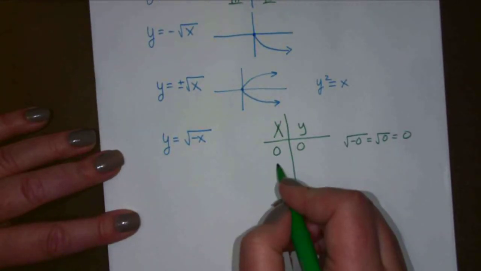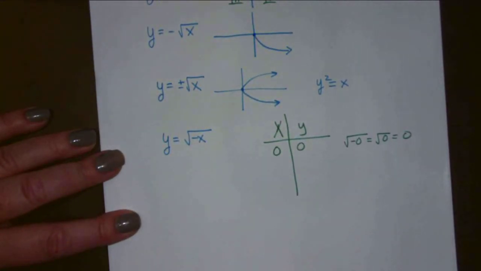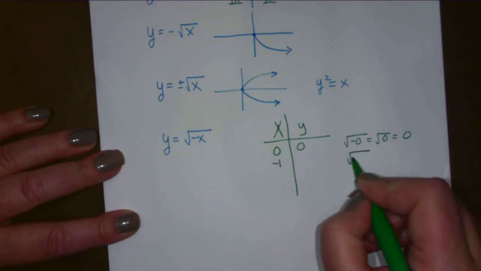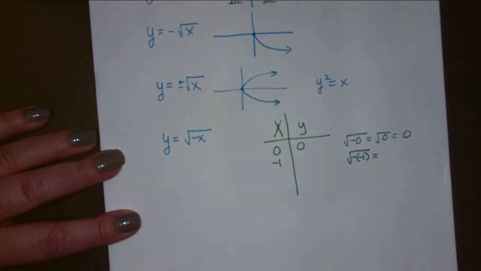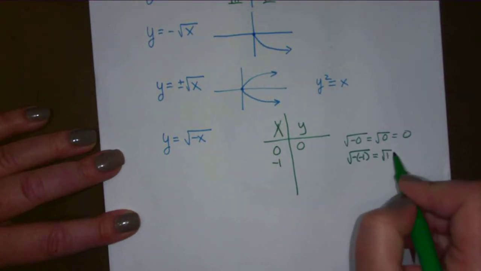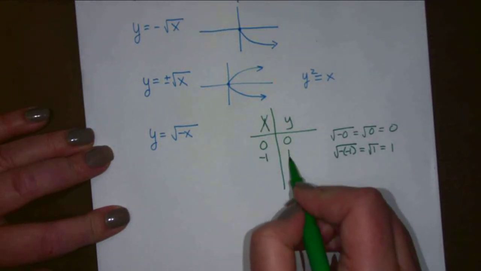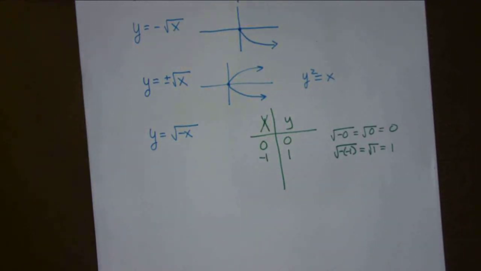We can't plug in 1 because then you'd have negative 1, and that doesn't work. But you could plug in negative 1. Square root of a negative 1 is square root of 1, which is 1. What would be the next number we could plug in that would work nicely without having to estimate our value?